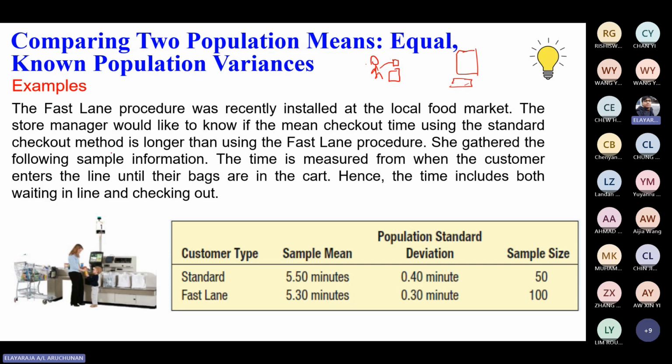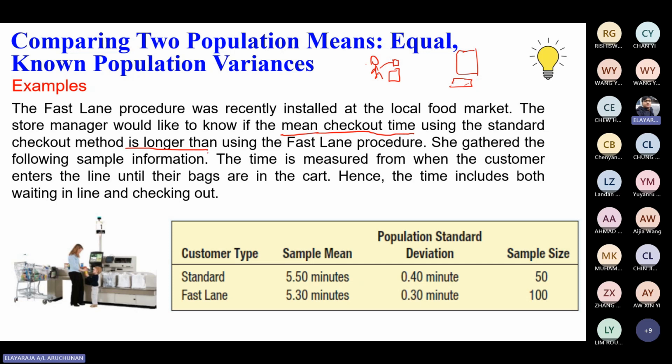The store manager would like to know if the mean checkout time using the standard checkout method is longer than using the fast lane procedure. You need to be careful and know that the store manager wants to know if the mean checkout time using the standard checkout method is longer than using the fast lane procedure.